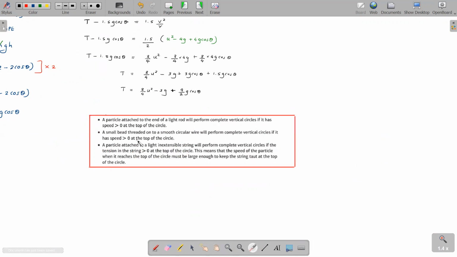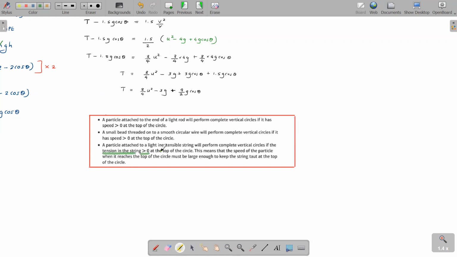So this is the one that we require in this sum. They say a particle attached to a light inextensible string will perform complete vertical circles if the tension, guys, this is important, if the tension in the string is greater than 0 at the top of the circle. Can you see? So this is what you require.